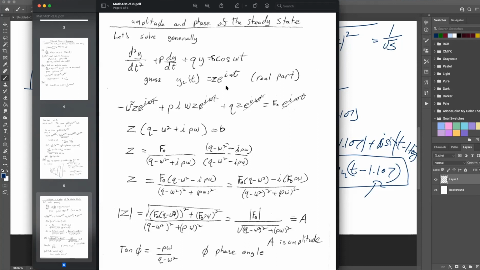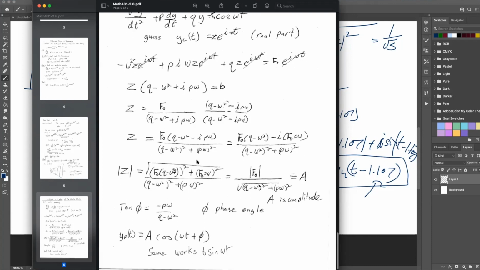You don't need to do anything fancy. Then I solve for the amplitude. This is your amplitude, and it simplifies to this. So your amplitude is the absolute value of F naught times the square root of two things squared. So it has to be positive. So this is your steady state amplitude.